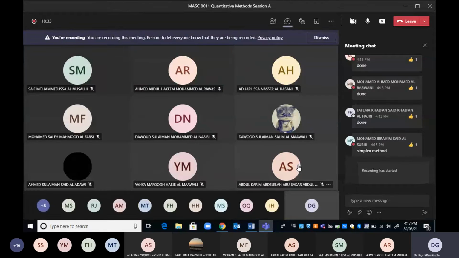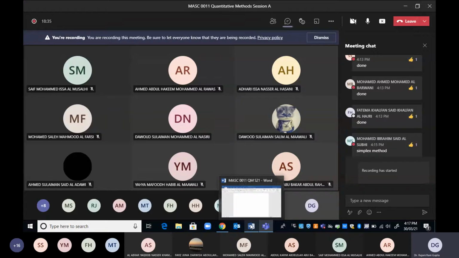Yes, Davut. We use that greater than and we keep it equal and we added S1 and S2 and S3 like this. Yes, correct. So we convert the constraints into equations by adding slack and surplus variables.